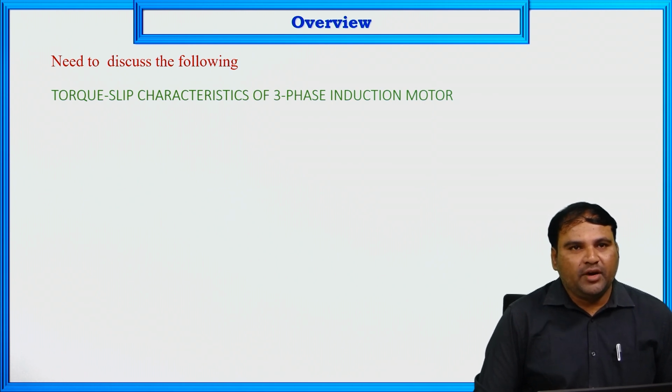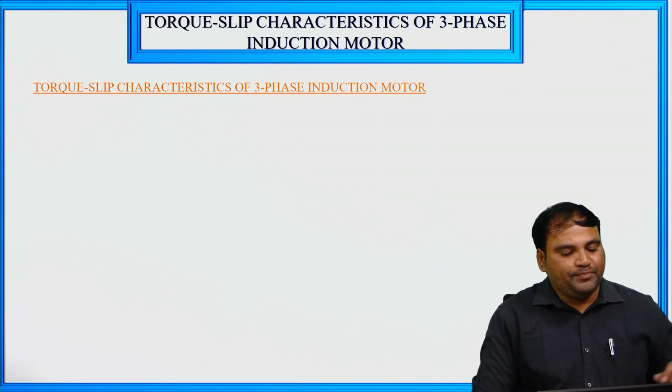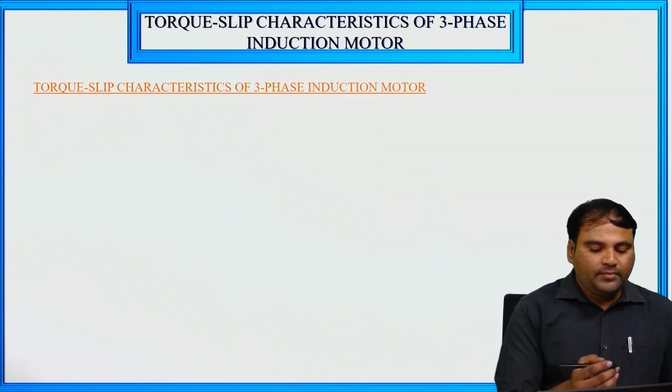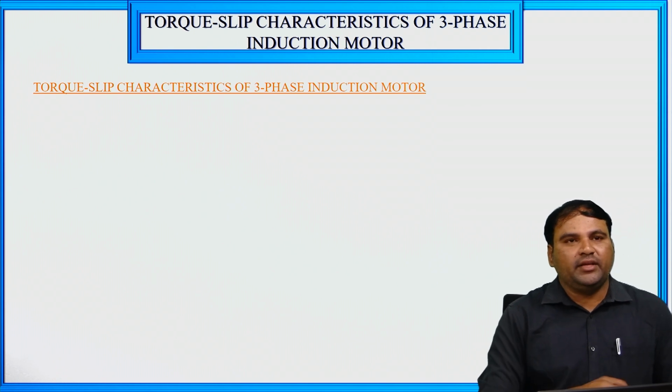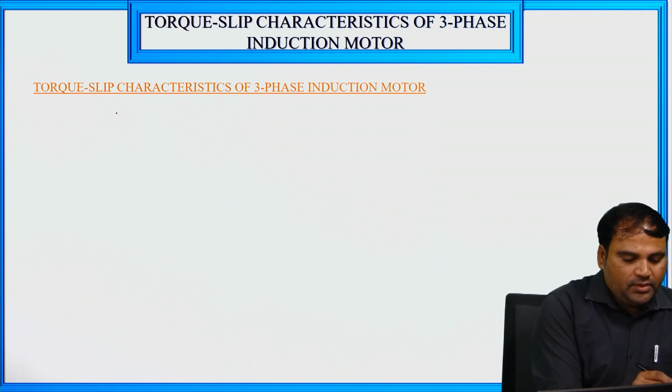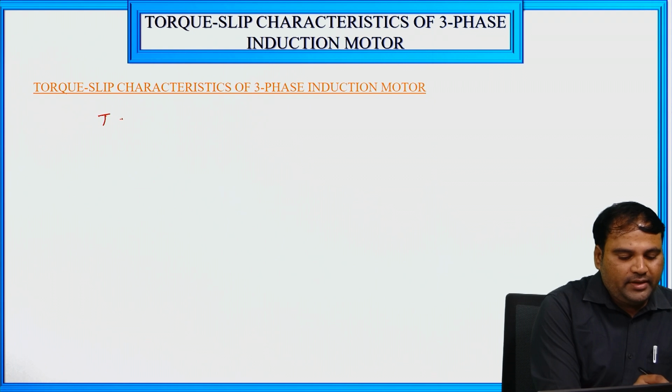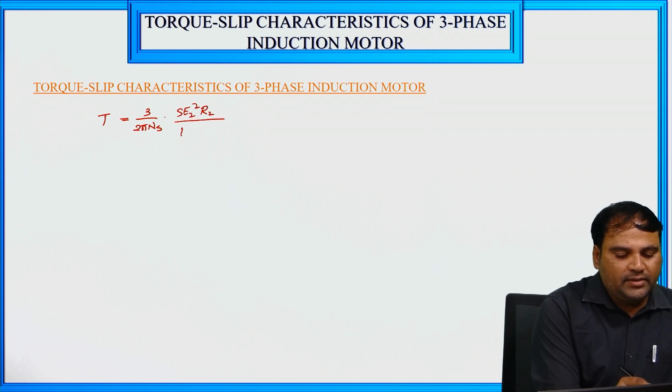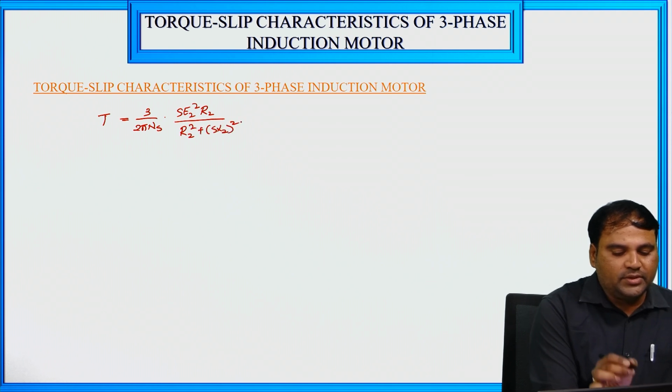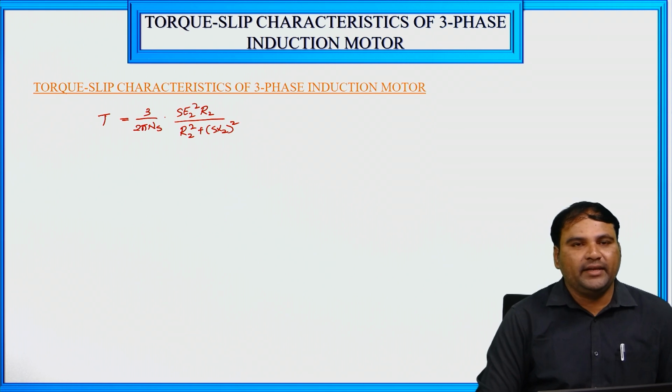Now we have to discuss the torque slip characteristics of the three-phase induction motor. First we are going to write the torque equation: T = 3 / (2π Ns) × (S E2² R2) / (R2² + (S X2)²).